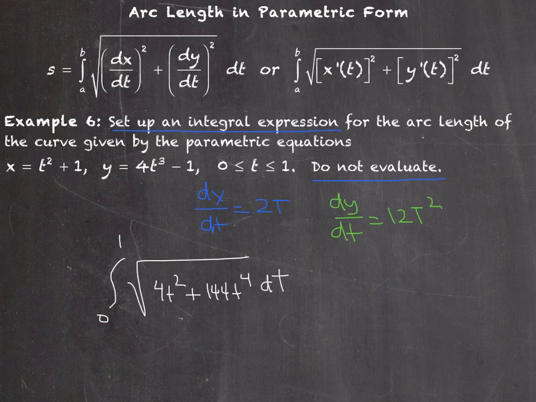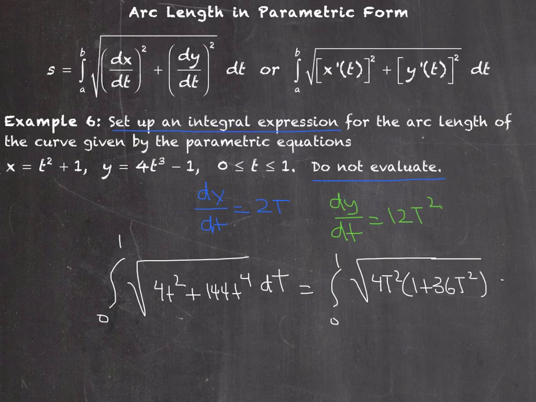And we want to make it look a little nicer, so we can factor out a 4t squared. So that'll be from 0 to 1, and we're going to factor out a 4t squared, and that's going to give us 1 plus 36t squared, and dt.